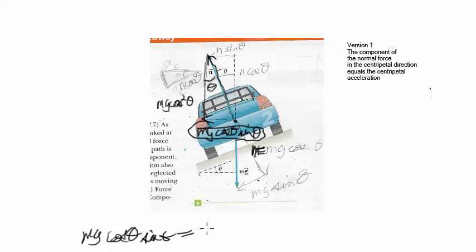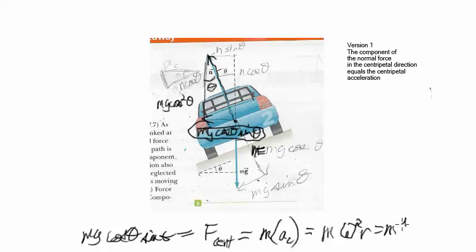And then we would say that this force, mg cosine theta sine theta, is equal to our centripetal force, which would be mass times centripetal acceleration, which is also mass times omega squared r, or mass times v squared over r.